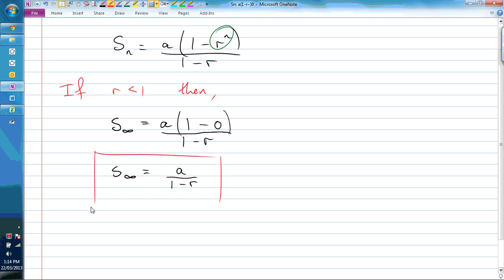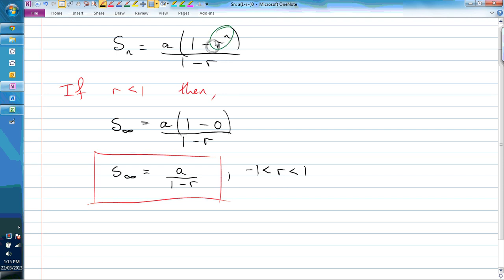Now when I put this here, I technically need to put that condition that I had over there. And I'm actually going to make a slight adjustment to that condition. It's actually not just if r is less than 1. It's actually if r is less than 1 and greater than negative 1, because remember r can be negative as well as positive. So theoretically if I had r as negative 1/2, this would also still hold.